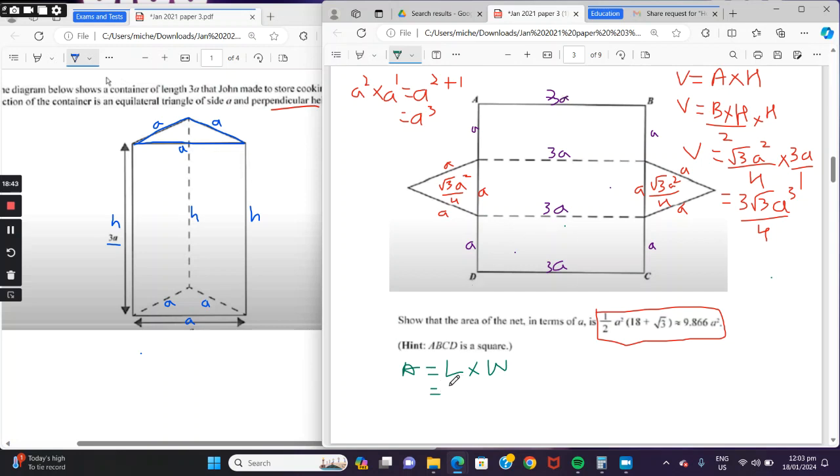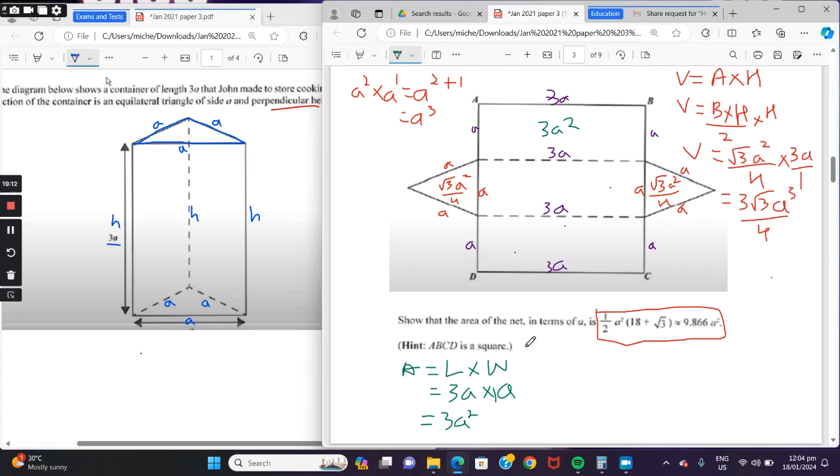So you take the length, which is 3A, multiplied by the width, which is A. A by itself is the same as 1A, so it's 3 by 1 is 3, and A by A is A squared. So this is the area of one of these rectangles.